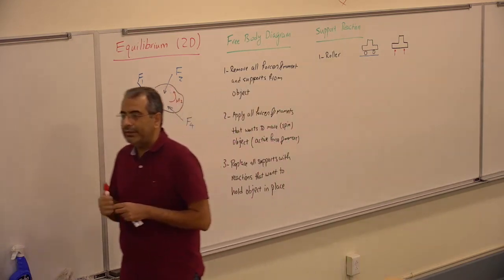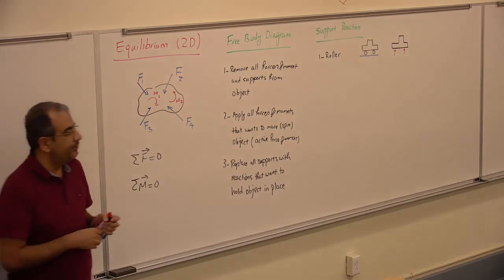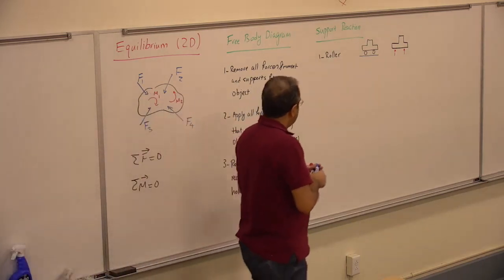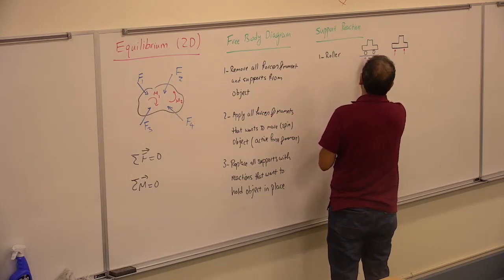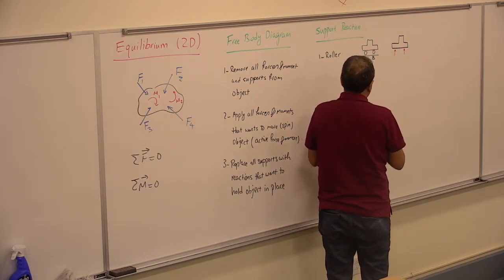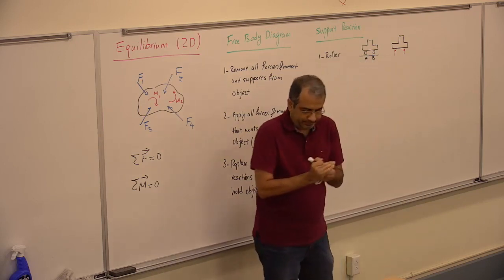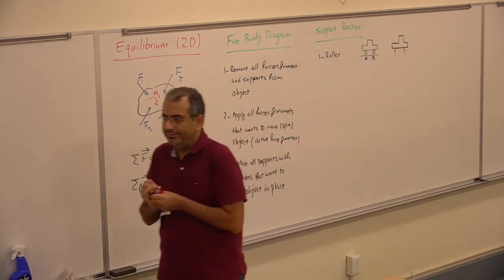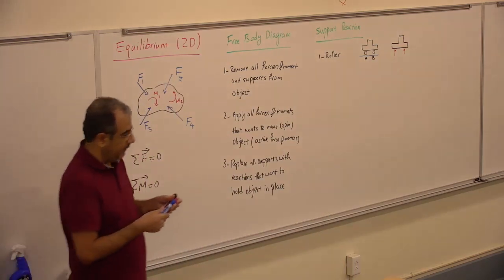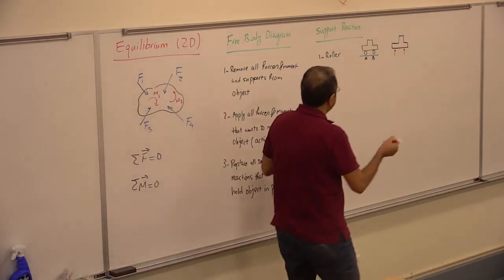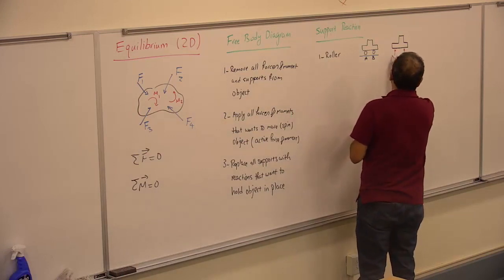What is specific about these, I call them A and B, call them AY and BY, or R at A and R at B.